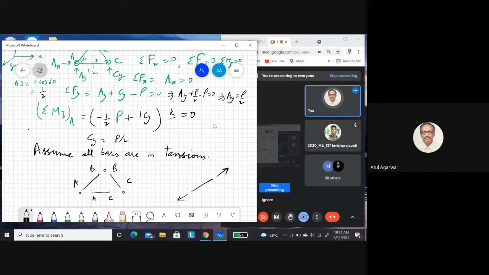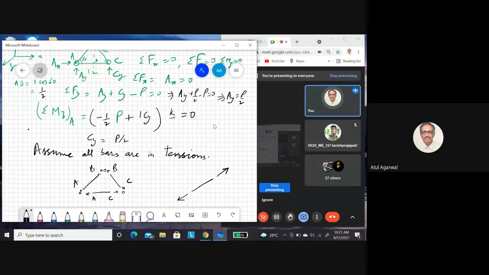So you can say there are forces on these bars, and you assume these bars are in tension. The forces have to be like this for it to be in tension. So I have shown the internal forces in the bars.